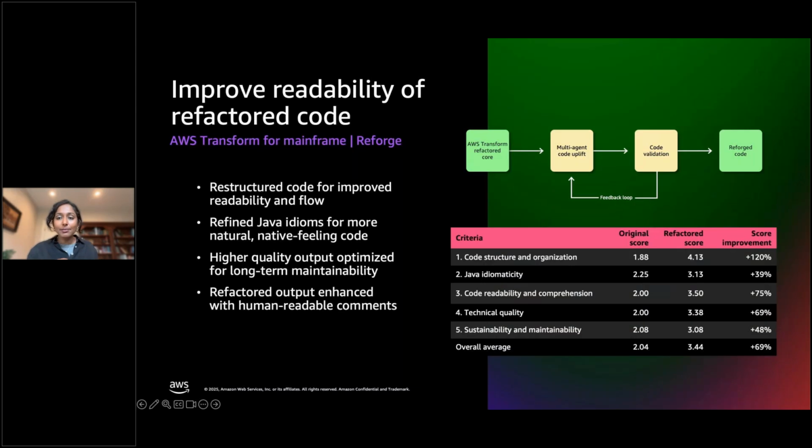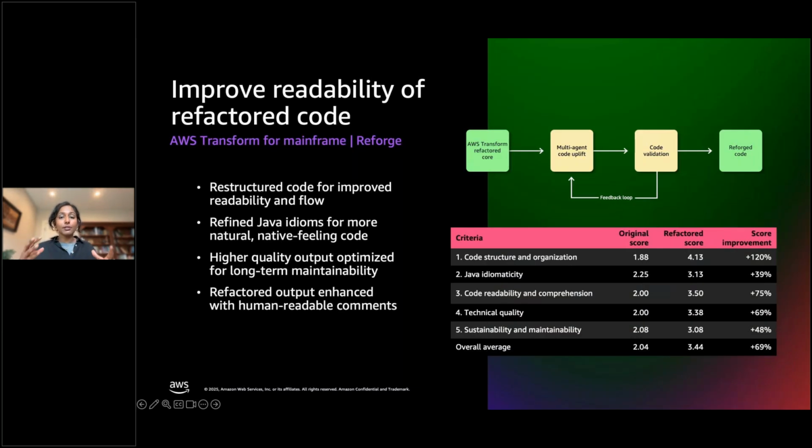Much like metal is melted down and reforged to fortify it and make it long-lasting, Reforge leverages LLMs to process refactored code using a multi-agent process. And what these agents do is restructure, critique, validate, and then refactor the Java code. The result is improved readability, making it easier for Java developers to work with this code, maintain it, and carry it forward.